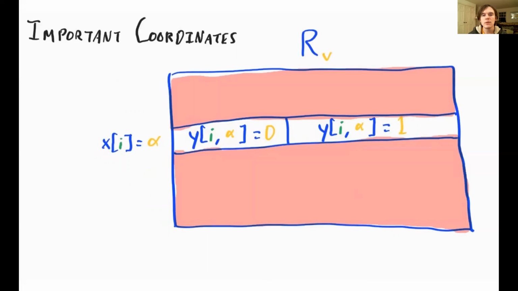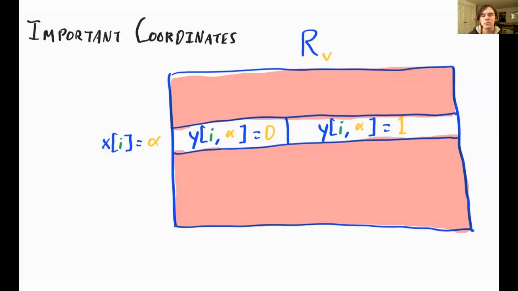So now we want to make sure that whatever rectangle we're maintaining actually does agree with everything we've queried in the decision tree so far. So if our whole rectangle from the communication protocol is RV, and we've got this too-likely assignment, xi equals alpha, well, we're going to toss out every x that doesn't agree with that too-likely assignment first. And then we're going to split up on the y side, between the y's that give 0 on the index gadget in the ith coordinate and the ones that give 1.